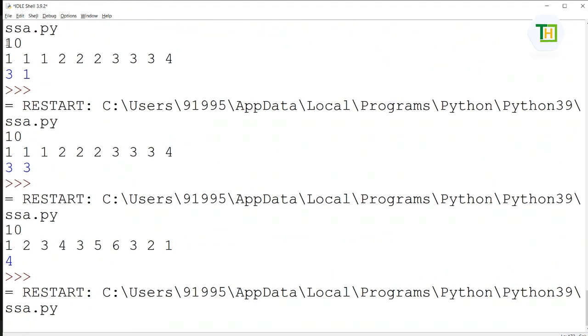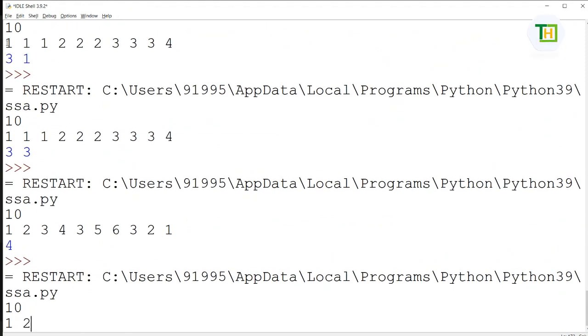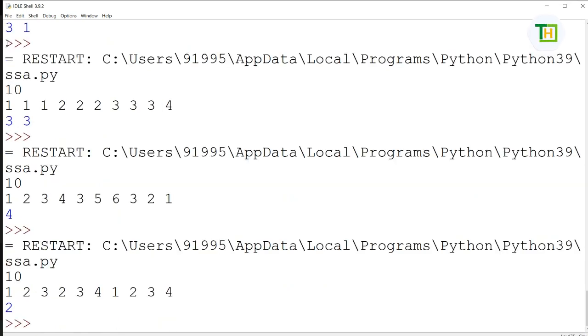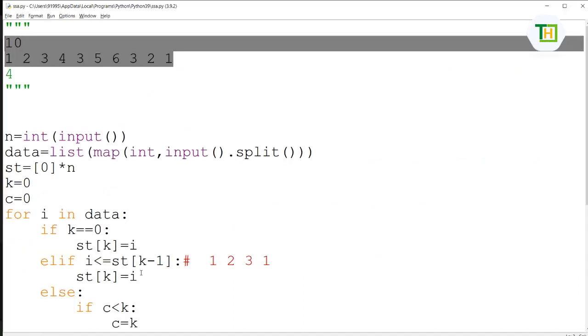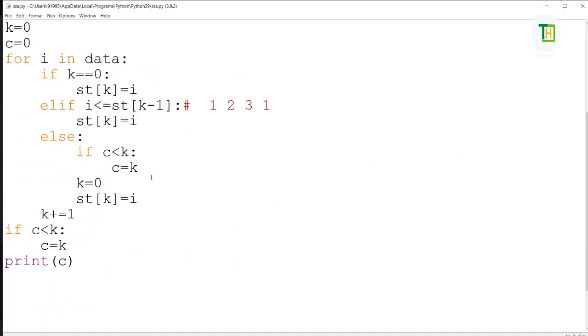For example, again I'm going to execute, if it is 10, 1, 2, 3, and 2, 4. How many values? 6 values, right? And then again it is going to be 2. Something is missing here. Here it is observing, and I have to maintain k is equal to 0, st of k is equal to i, then k plus equal to 1.